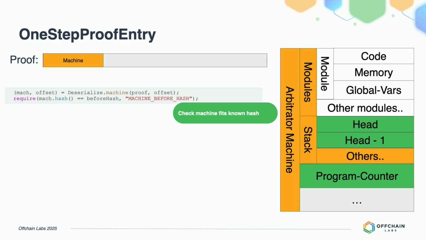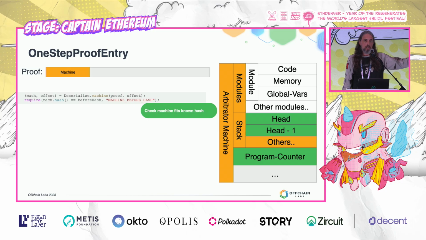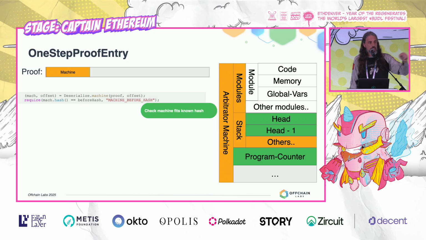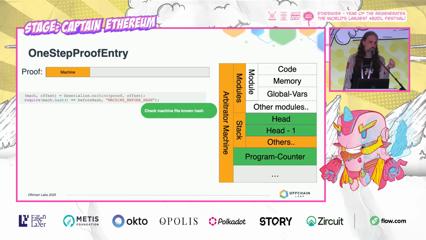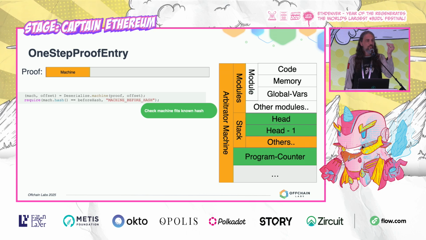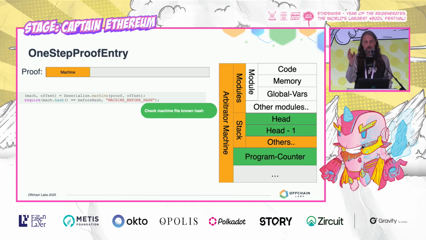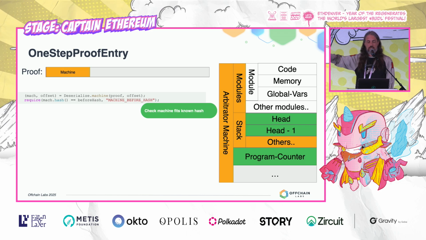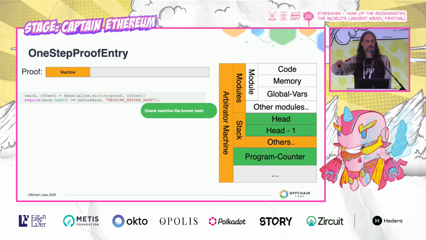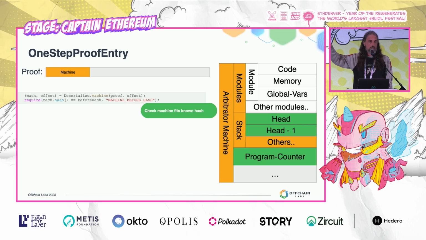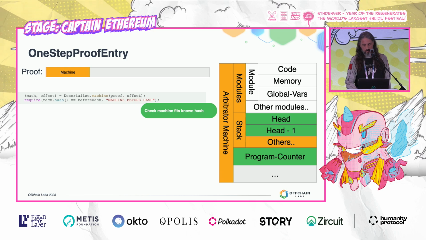And almost the first thing in the one-step proof entry is that I deserialize this machine, and then I check what the hash of this machine is. If the hash of this machine matches the given hash, that means I have proven everything in this arbitrator state machine. So I have proven the top few elements of the stack, I have proven the program counter, and I have proven the module root.